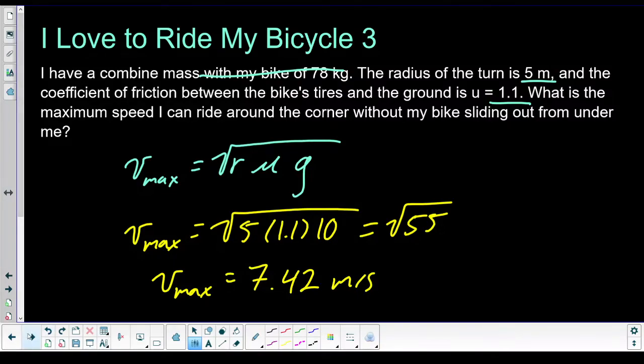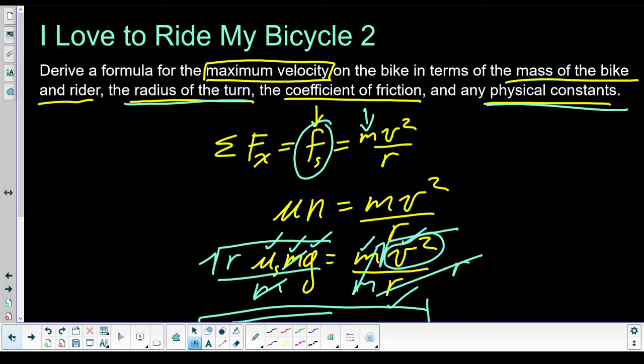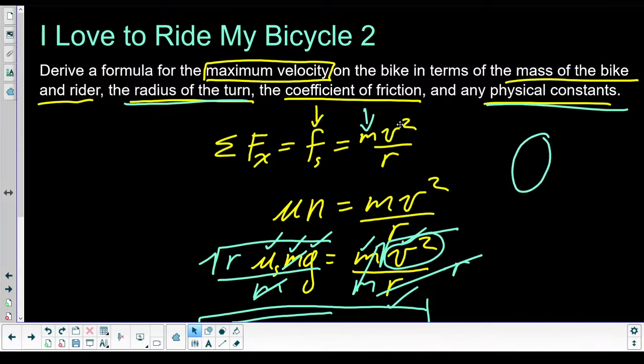Let's talk about this just a tiny bit more. I keep saying it's the maximum velocity. What would happen if I didn't have this velocity? So if we go back here, there is maybe an equality that should be an inequality.